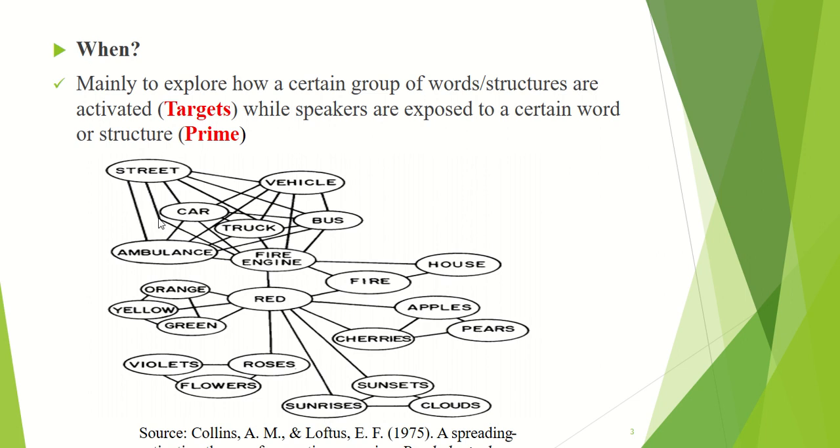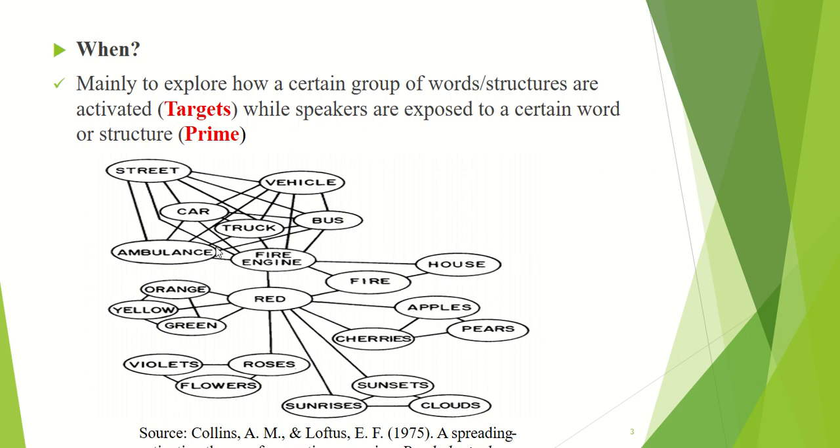And then when the word car is activated, some other words might be activated, such as truck or bus or ambulance. And then in the next layers, some other words such as fire engine will be activated, and you can see how the network is built between the words which are primed and the words which are activated.